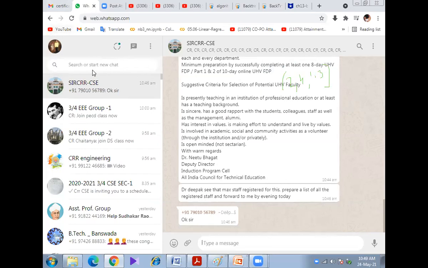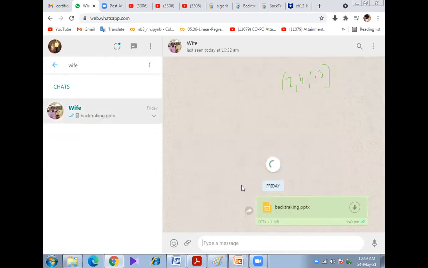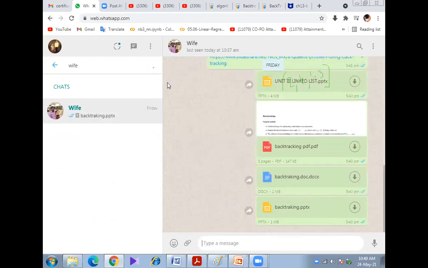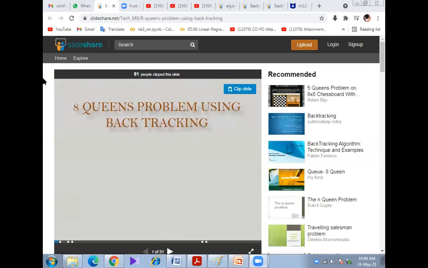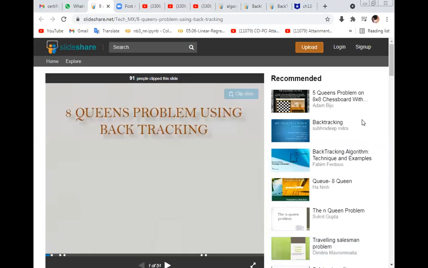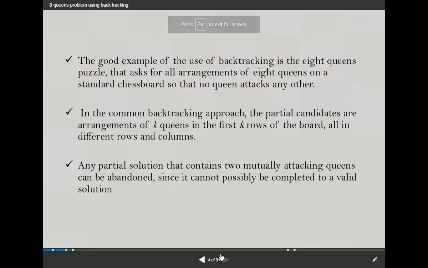Okay, see here. See the diagrams here, then you can understand.